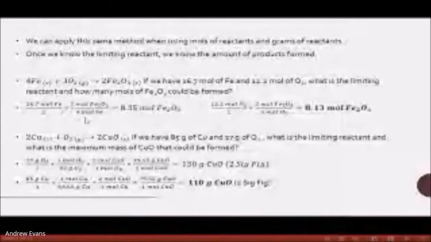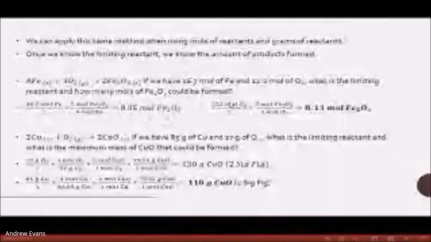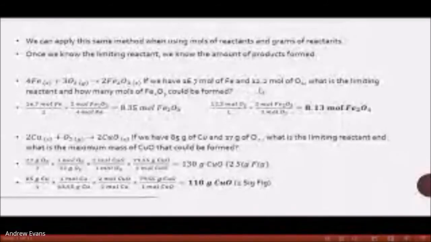So in this case, from moles, 16.7 moles of iron: for every 4 moles of iron, we have 2 moles of iron oxide. Using those numbers, you would get 8.35 moles of iron oxide. Now, this one is kind of a little bit more obvious, but sometimes the heavier number can still be the limiting reagent.